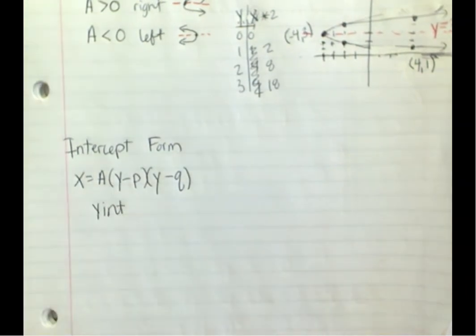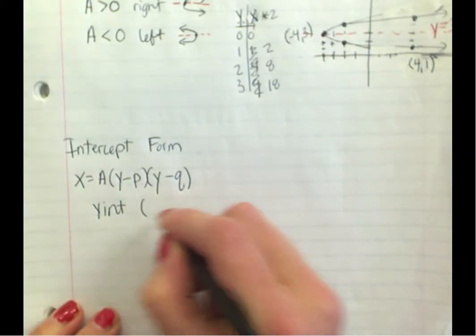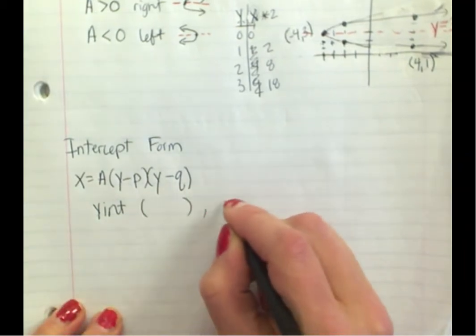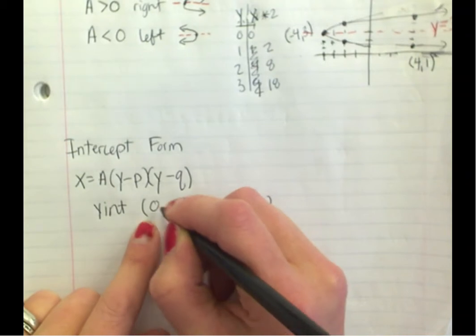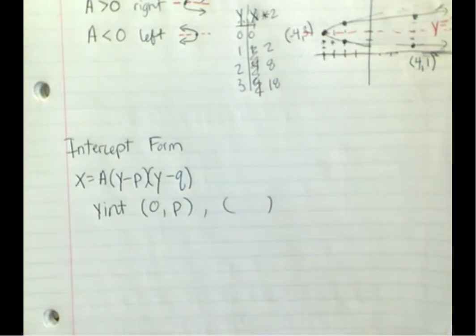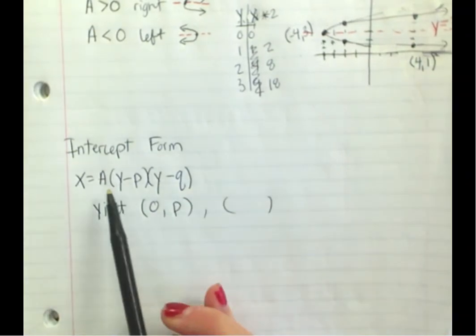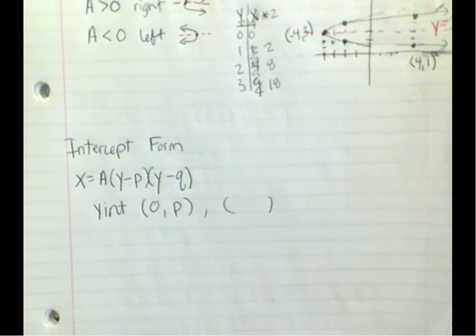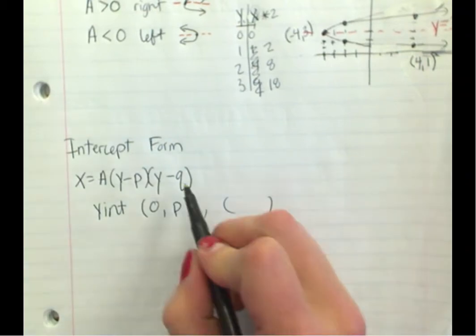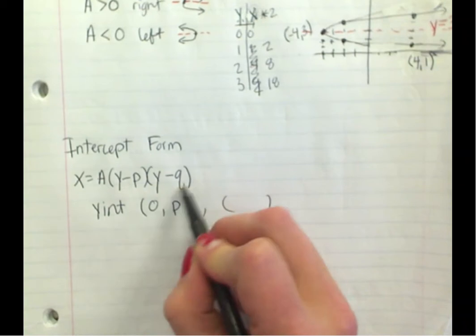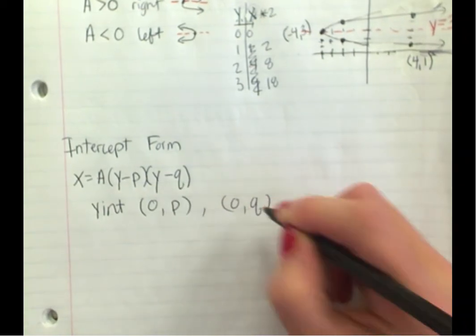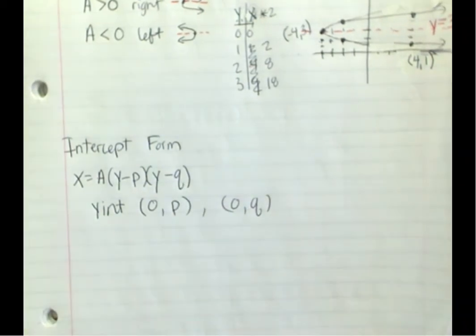All right, so if I'm going to write down the y-intercepts, make sure you put them in the y slot. Notice how y is in parentheses with the p. That makes it the y value. q is in the parentheses with y. That makes it the y coordinate. Should also be on the y-axis.